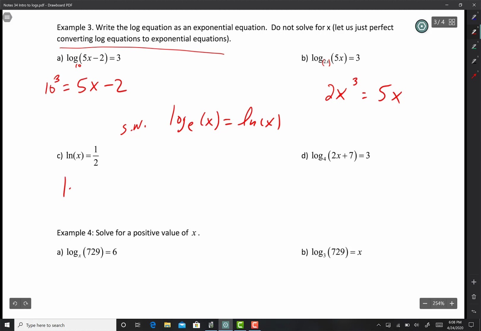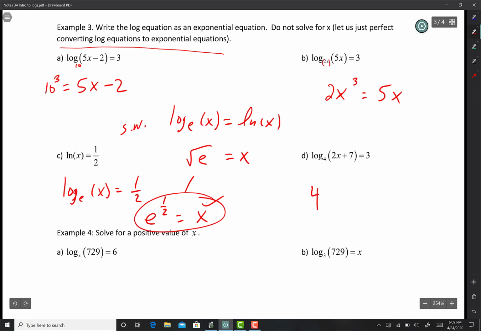So substitution, log base e of x equals 1/2. That means e raised to the power 1/2 equals x. If you want to be fancy, you can say that the square root of e is equal to x. But this is more than enough for what they want on the problem here. So finally, letter D here, 4 to the third power equals 2x plus 7, and you're done.